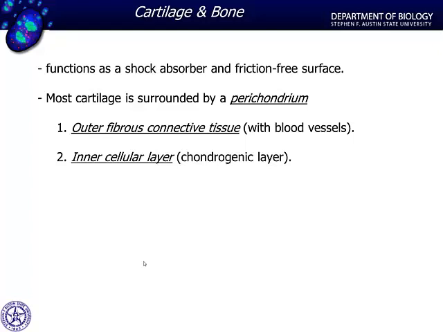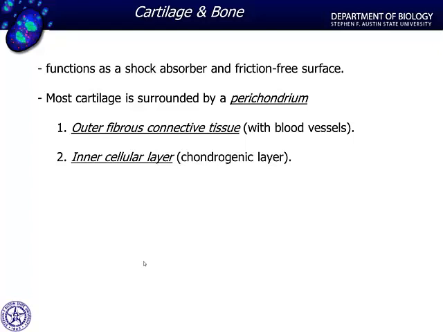Now, cartilage is going to be tied in with our supportive interstitial connective tissue because we somewhat have a transition zone between our cartilage and our external interstitial connective tissue. The perichondrium, this is the area that surrounds and forms the outside of our cartilaginous tissue, is comprised of two layers.